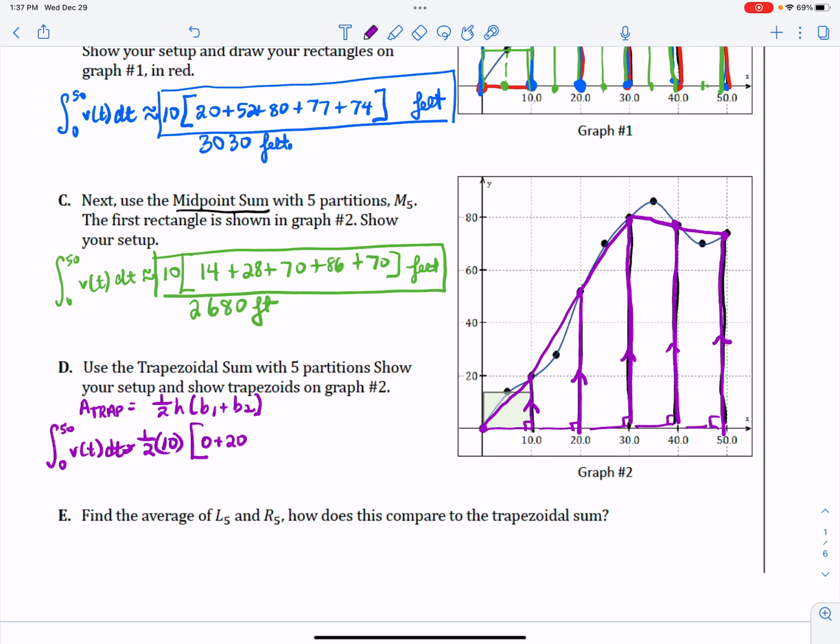But the second two bases in trapezoid 2 would be 20 plus 52. So notice that the upper base of one trapezoid is the lower base of the other. For trapezoid 3, the bases are 52 and 80.